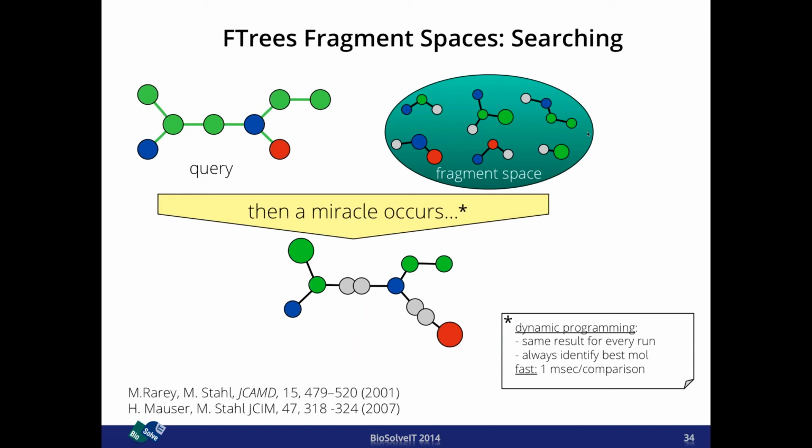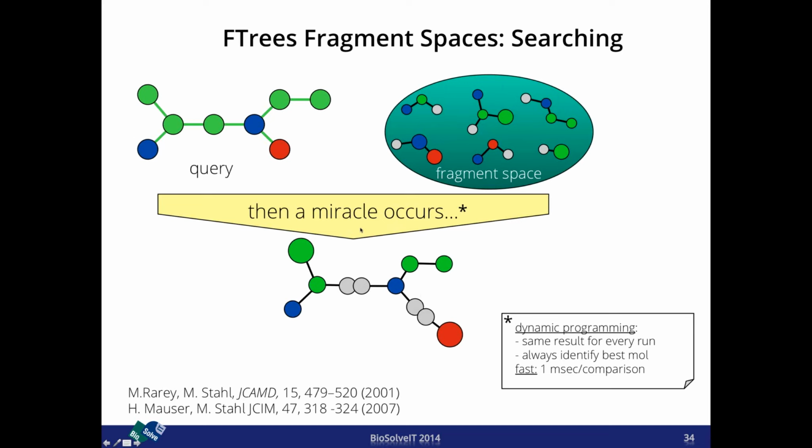Well, with our technology, which is pretty unique in that it power searches spaces like this, we would use, for example, our query compound in terms of a search, in terms of a feature tree, and from the fragment space we would pick out fragments one by one and try to overlay these over the original query molecule by a certain miracle, and we would combine those fragments and then arrive at a new molecule.